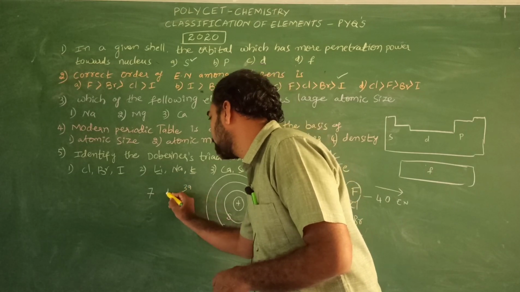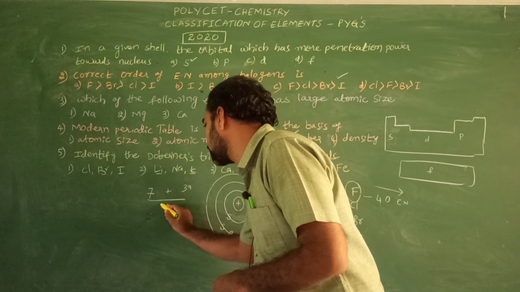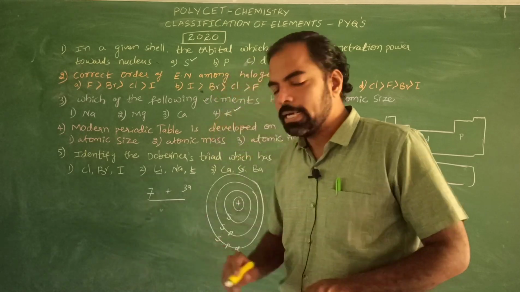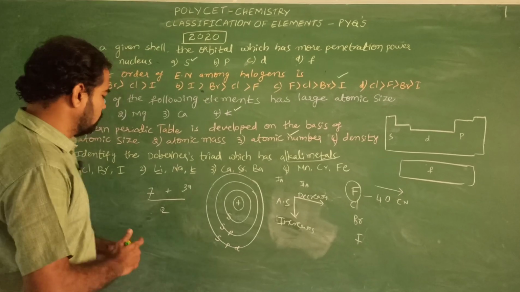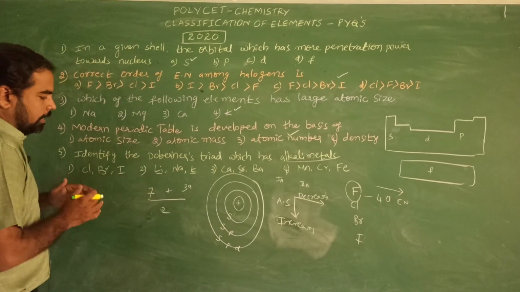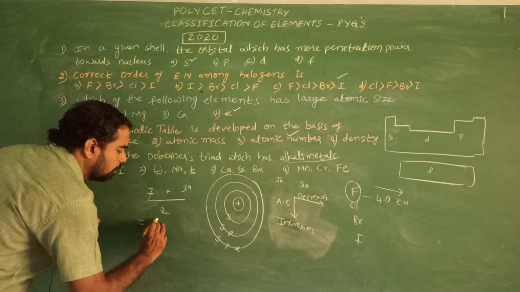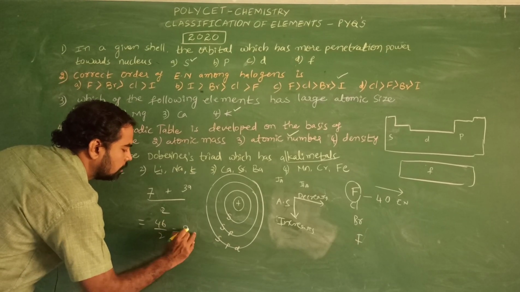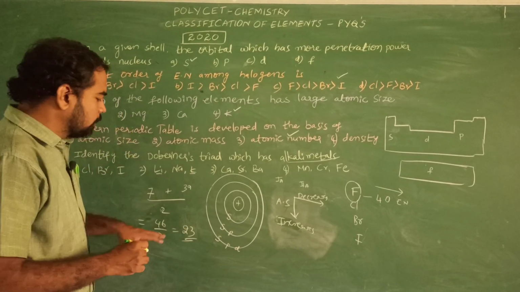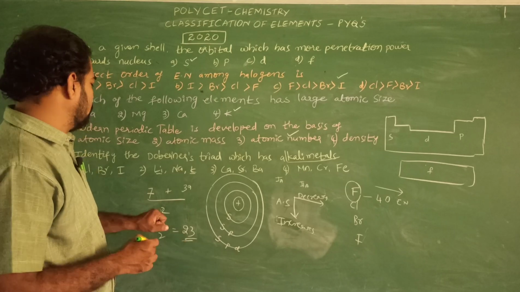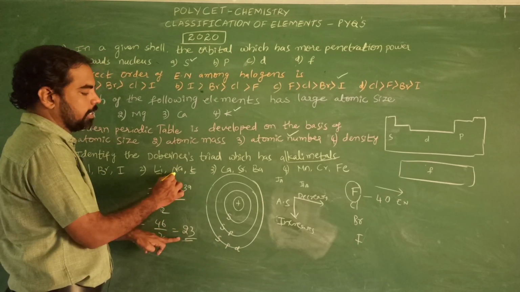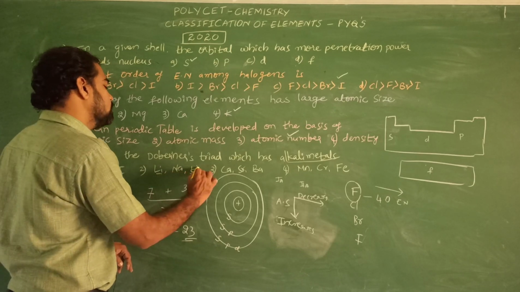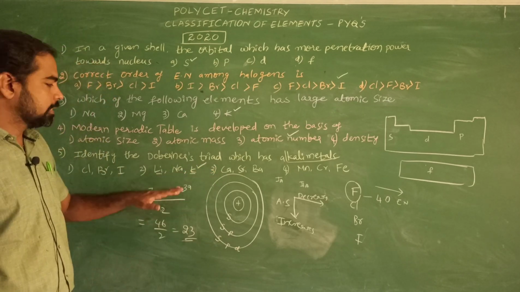Just take the average of these two. 7 plus 39 by 2, nothing but 46 by 2, 23. So the 23 atomic mass containing element is sodium. So this is the correct one.